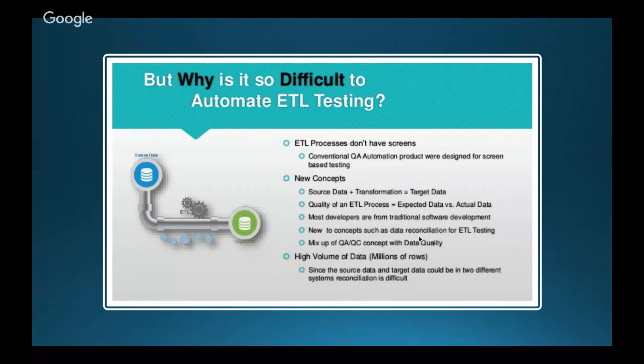So when the expected data and actual data are validated, only then do you get to know the quality of the ETL process. Most developers are from traditional software development, so they find it hard to work in this ETL testing technology. And now there are new concepts, such as data reconciliation for ETL testing, and a mix-up of QA and QC concepts with data quality. Data quality, QA and QC are three different things.